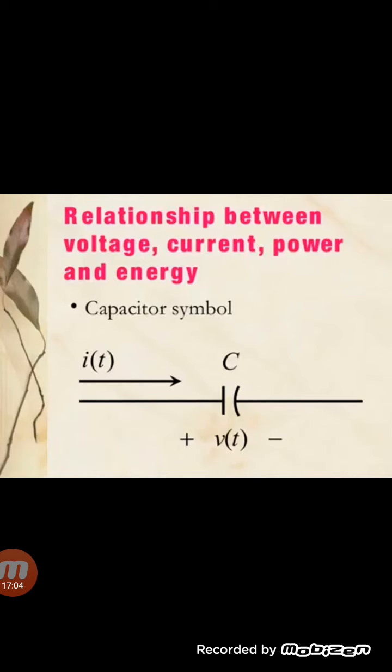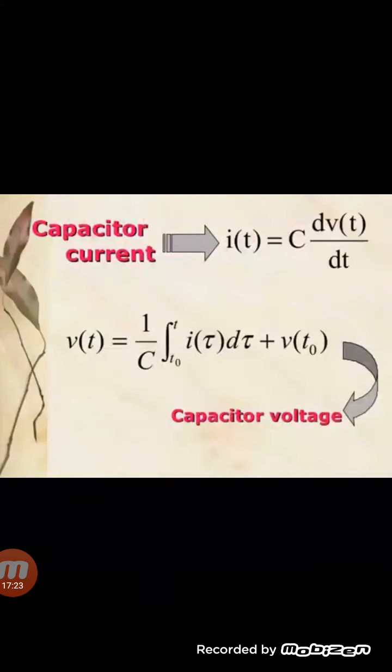In any circuit, if we want to represent it with the capacitor, then this is i(t) into C, right? We can place it.